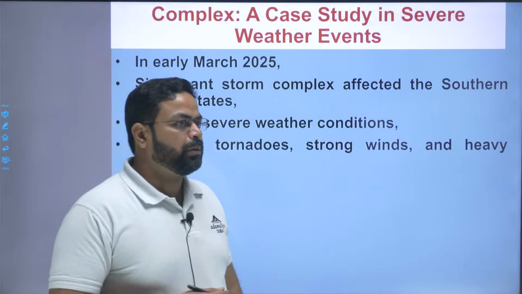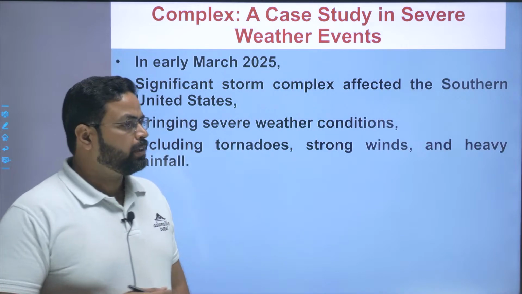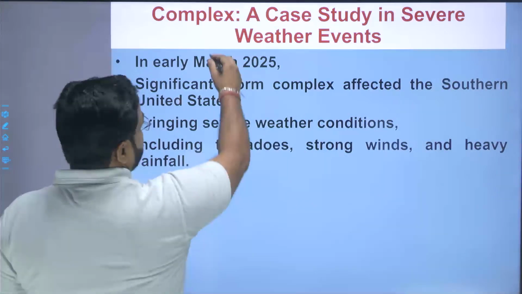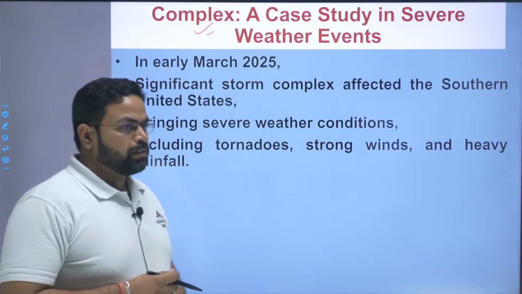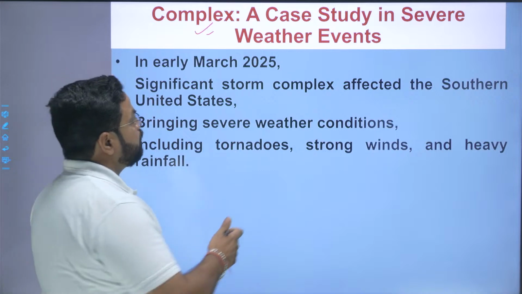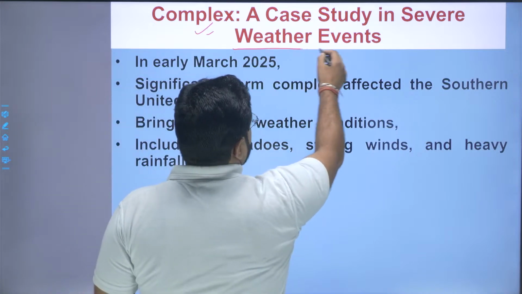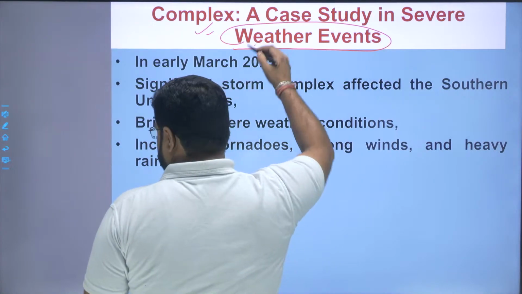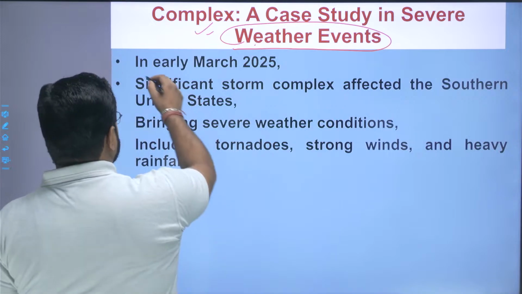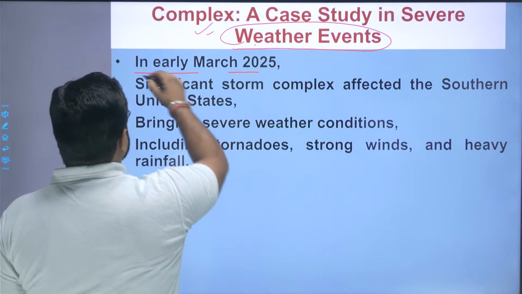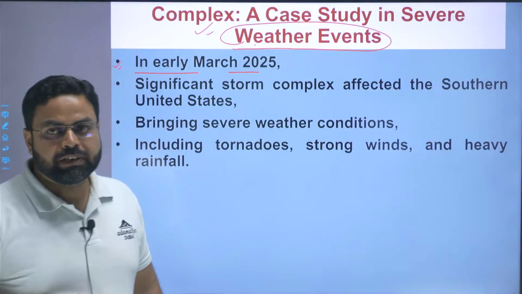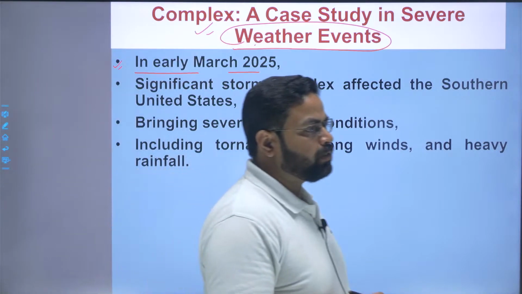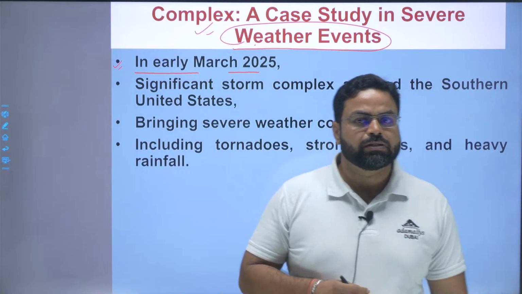Now the next topic is the complex case study. Here the heat wave or tornado complex case study is there, and the weather events related to that. In early March 2025, there was a problem of high intensity and high frequency of tornadoes and hurricanes in the United States of America.